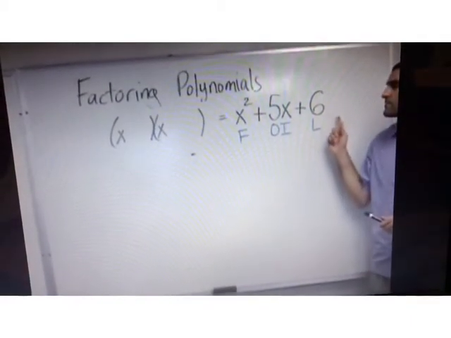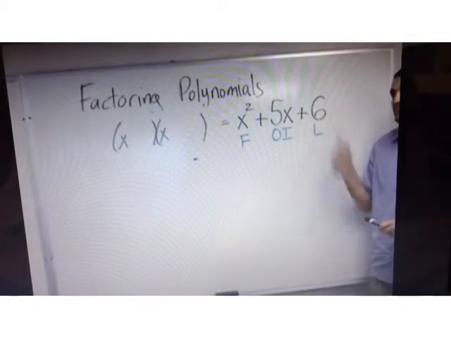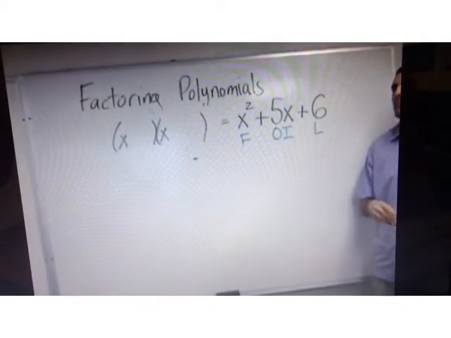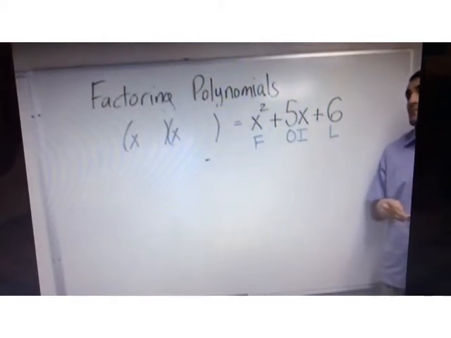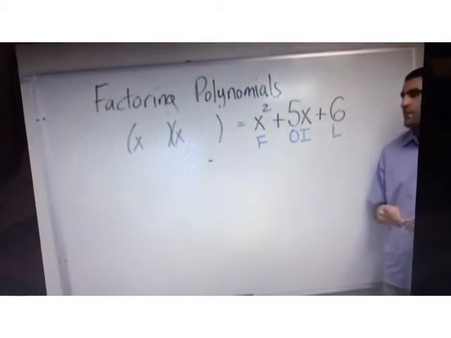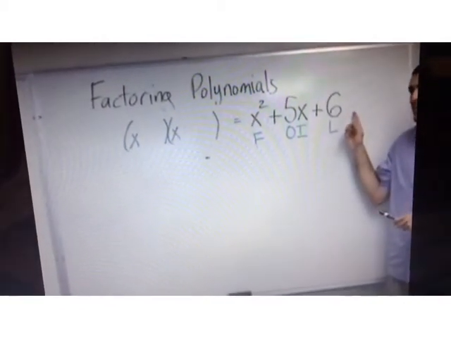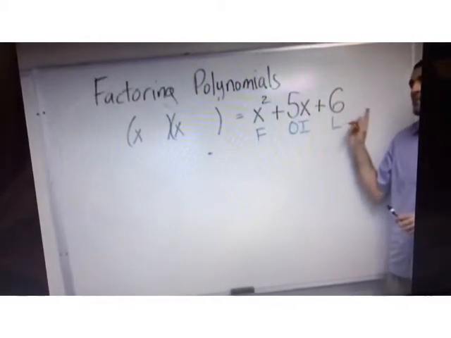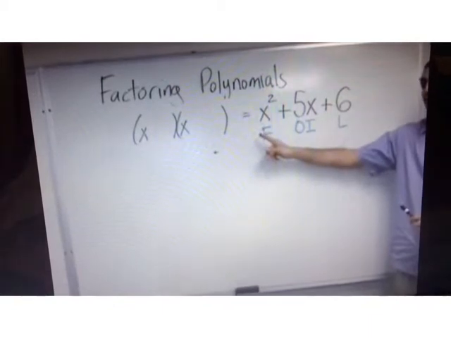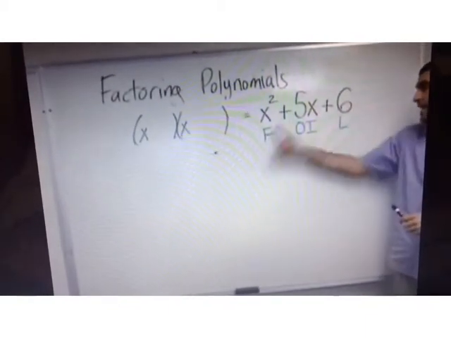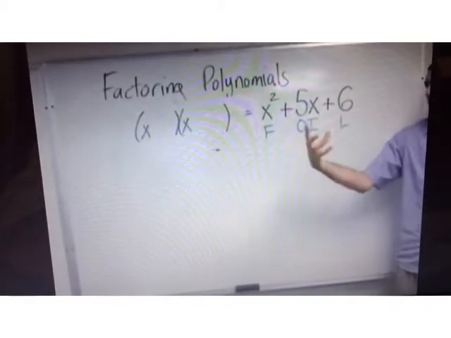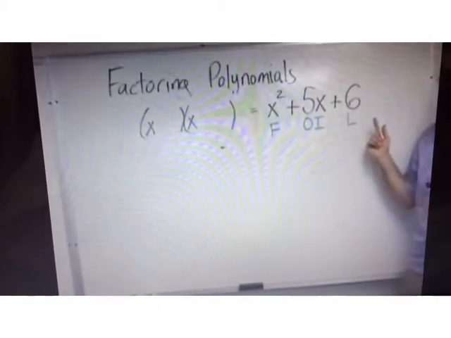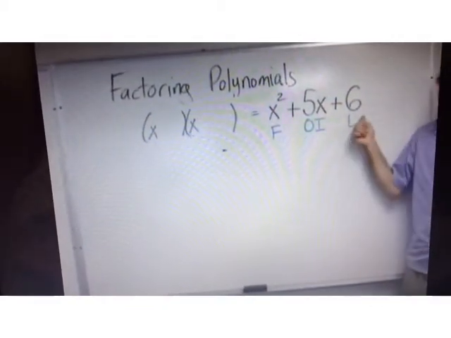If you figure out what you need to do to get the 6, then you already know what you'll end up getting. If you figure out what you need for the 6, possibly you'll get what you need for 5. 6 is as sure as F is, because F is what times what equals x squared, and L is what times what equals 6.